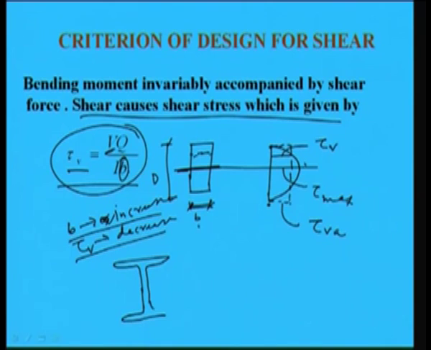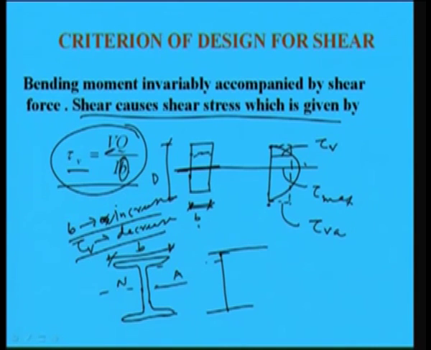So, this is an I section, so this is the neutral axis. Now, in this case VQ by IB will start from 0, and B here is this one, right.